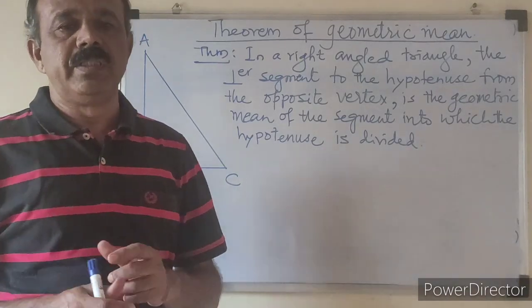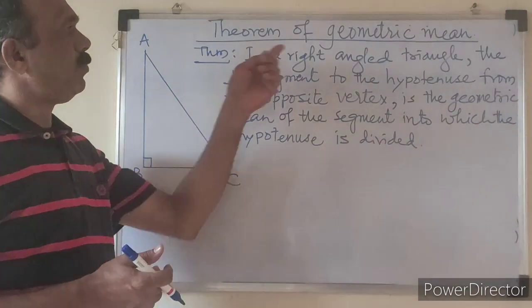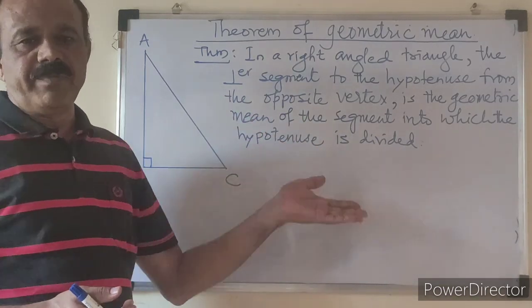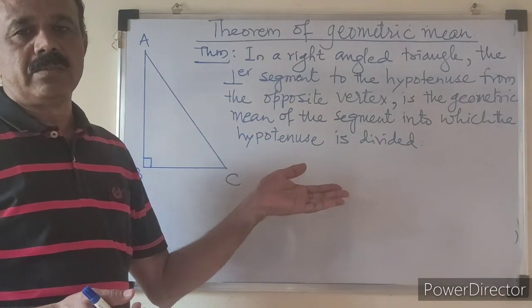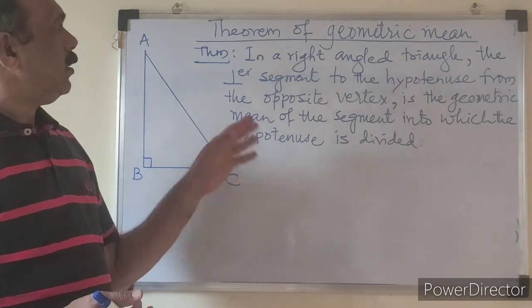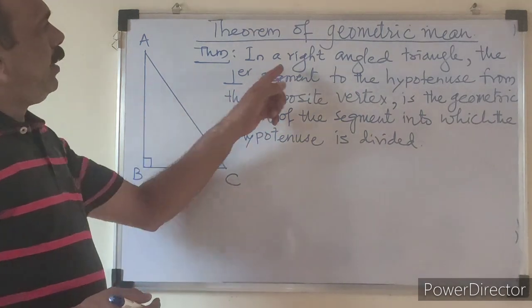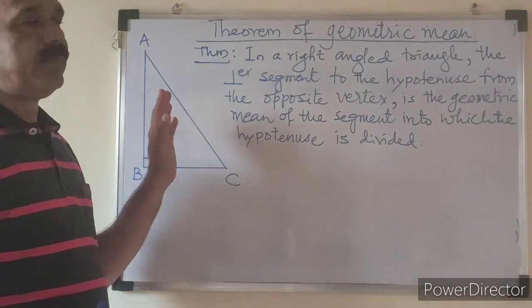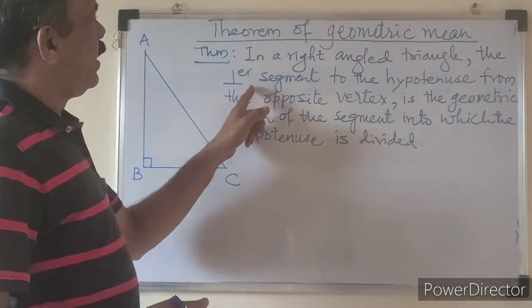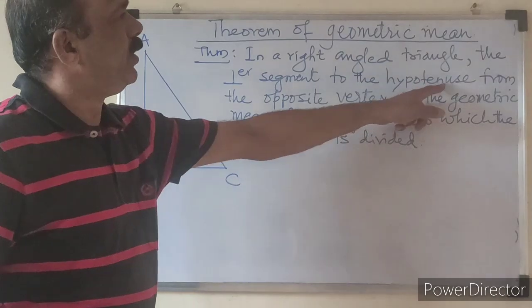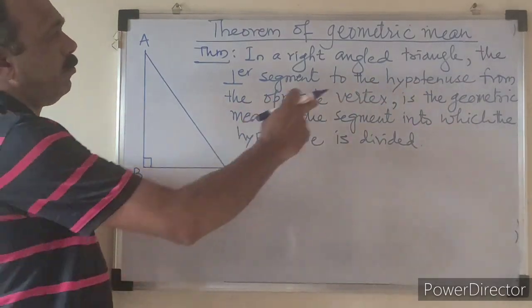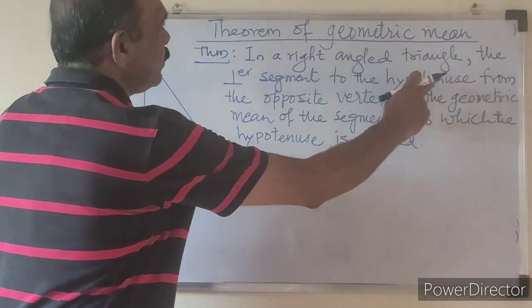Now we will see the next theorem, that is the theorem of geometric mean. This theorem is based on the previous theorem, that is similarity in right angle triangles. In a right angle triangle ABC, the perpendicular segment to the hypotenuse from the opposite vertex.